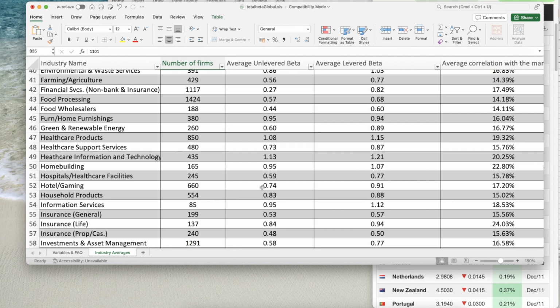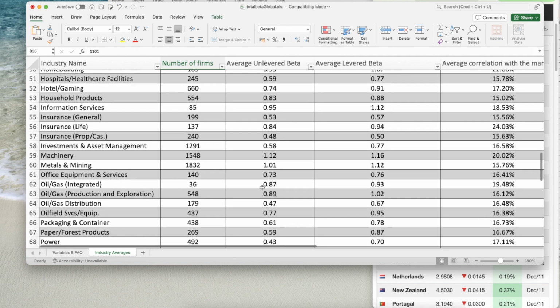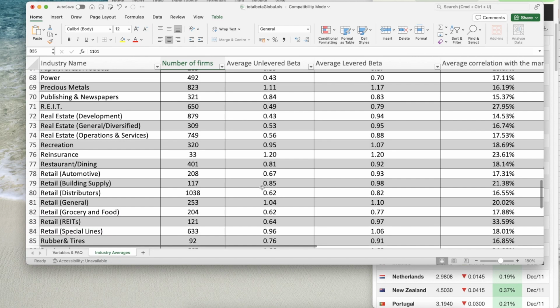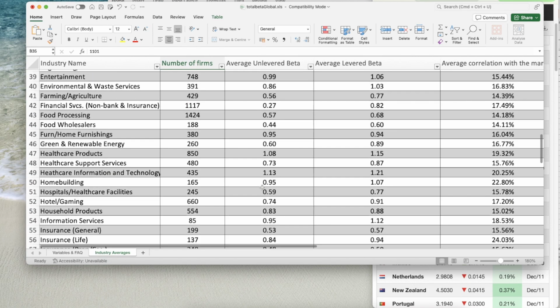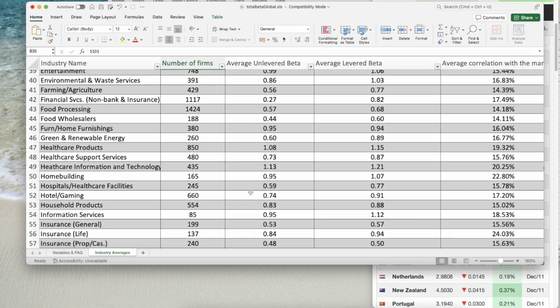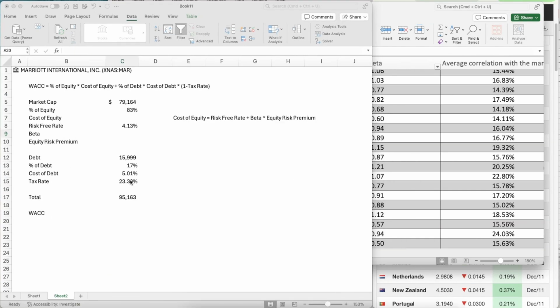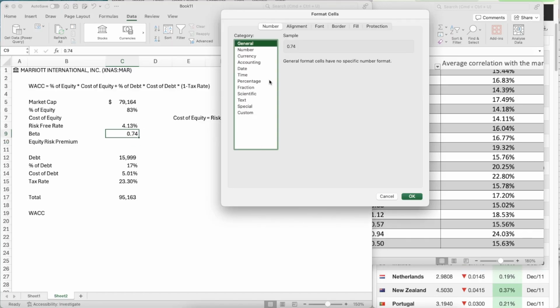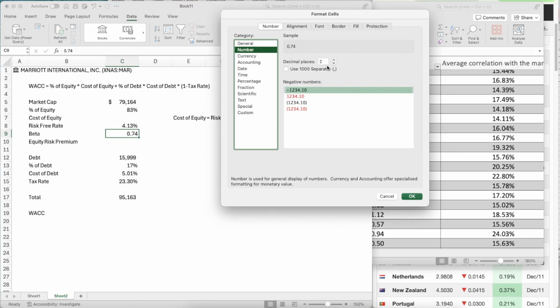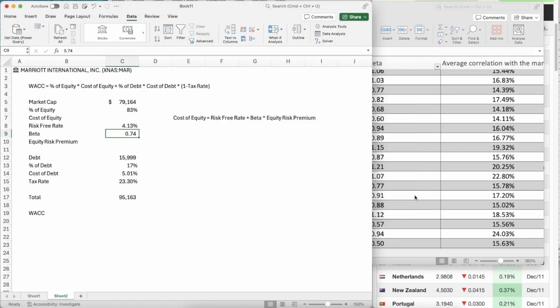So we don't really need to go into the full build out that we do in other builds. So we'll just go with this to save time, 0.74. When next time I do a company that has multiple industries within it, we can properly build out the beta. But for now, let's not worry too much.